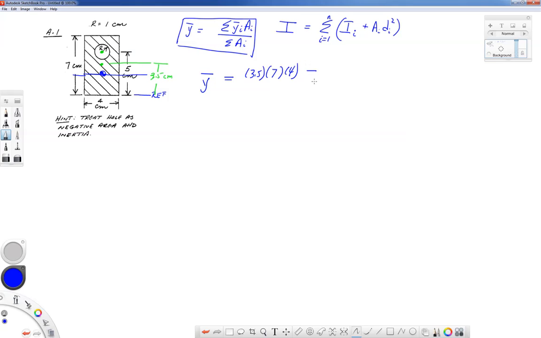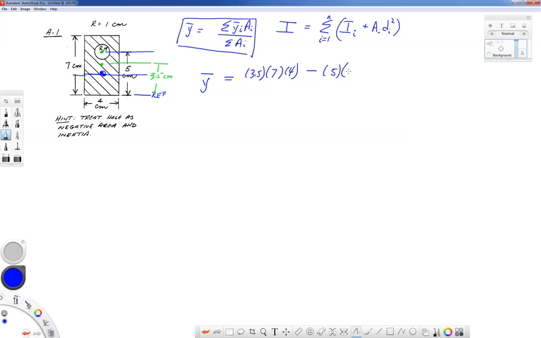Now, because that circle is a hole, we're going to take away the y bar A for that hole. The y bar location to the centroid of that hole is 5 centimeters. What I mean by that is the distance from the reference line to the centroid of the circle. Okay, 5 centimeters is given in the figure.